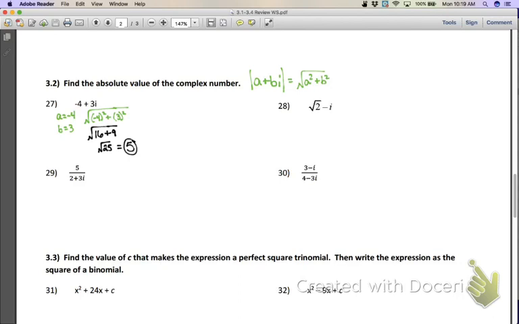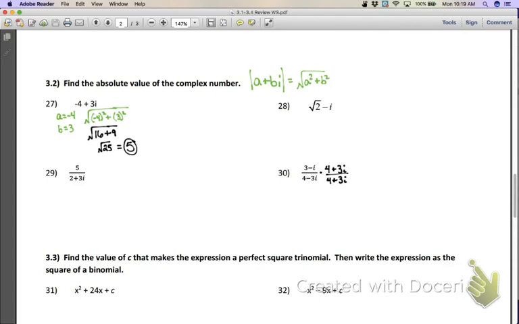So with 30, the first thing you're going to have to do is rationalize it. So the first thing I'm going to need to do is multiply by 4 plus 3i and do the same thing with 4 plus 3i.